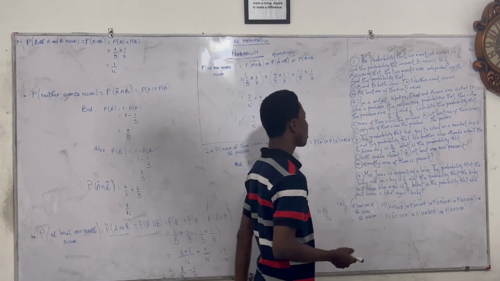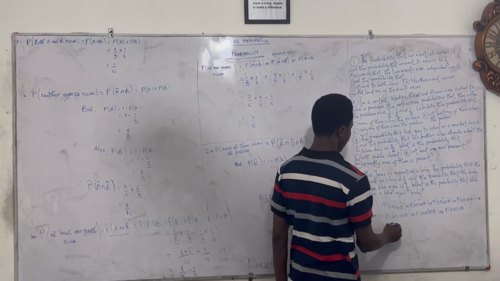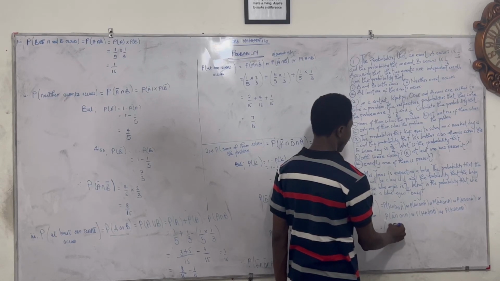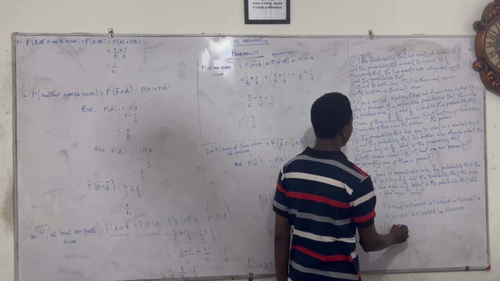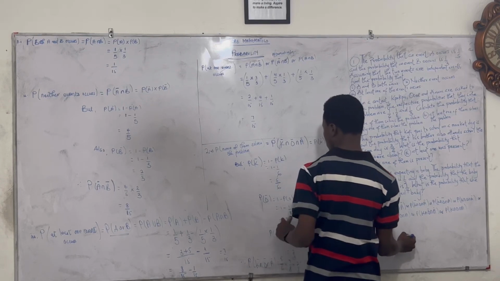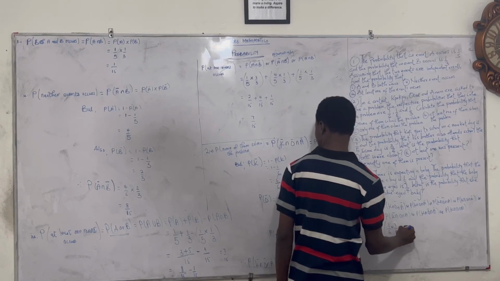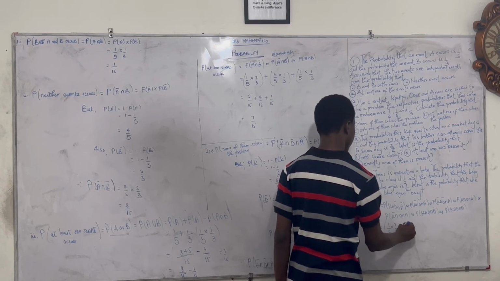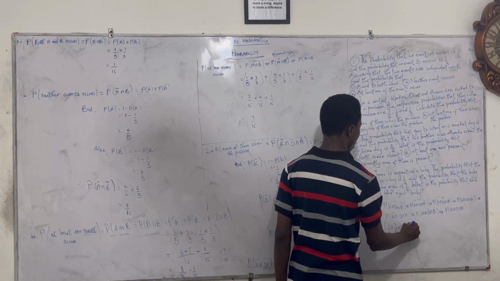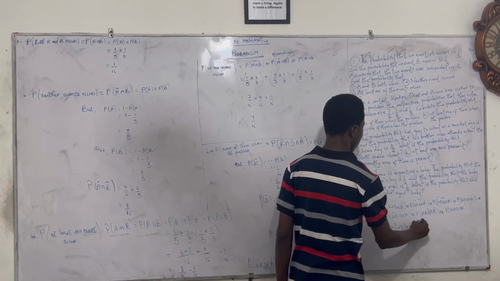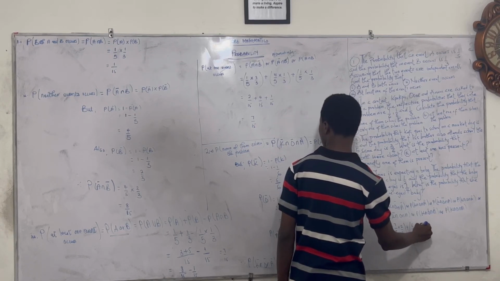Now, what's the probability that Kpakpo could solve a problem, please? That's 1/6. Intersection means times. The probability that Osei could not solve a problem is already on the board. That's 7/8. Anani could not solve a problem. That's 2/3. All means plus. The probability that Kpakpo could not solve a problem is 5/6, times Osei could solve a problem.